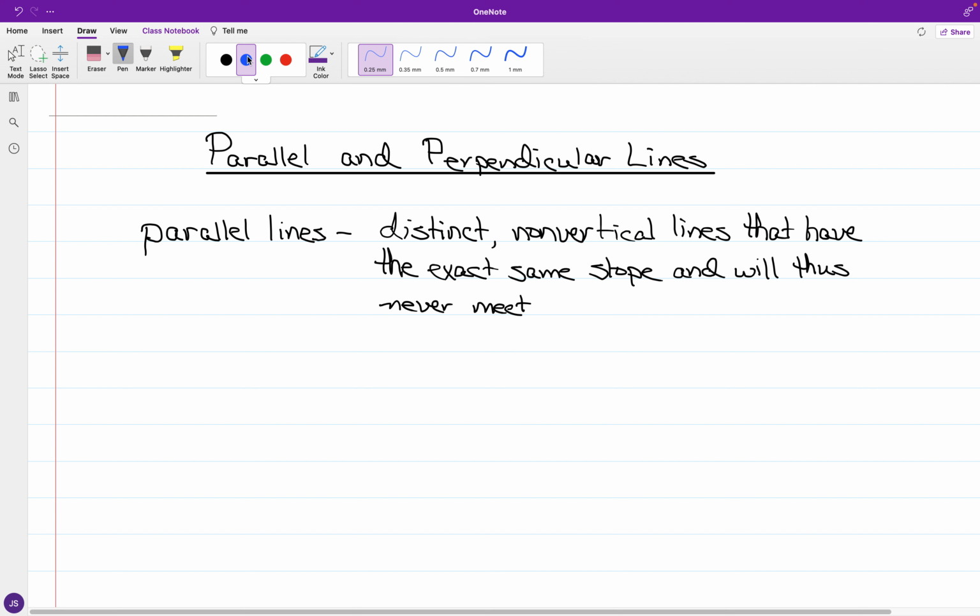And just examples of what we have for parallel lines. Say we have something like y is equal to 4x minus 3, and y is equal to 4x plus 7.